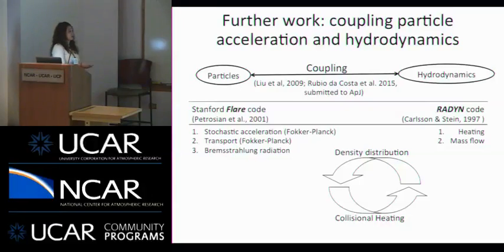From the stochastic acceleration, we get the collisional heating rate, which is given to the Radin code, updated every certain time step. The Radin code will calculate the whole atmosphere and will give the density distribution to the flare code every time step.